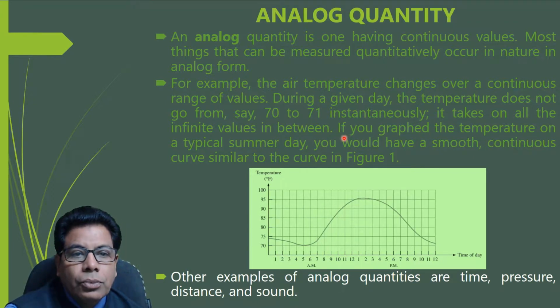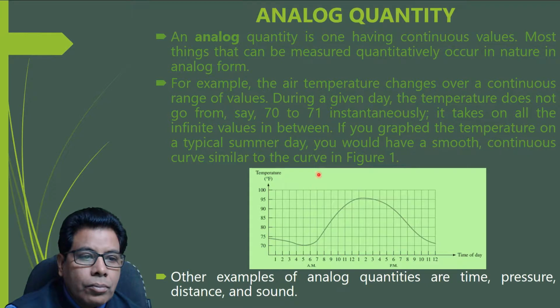If you take a graph of the temperature on a typical summer day, you'll find a smooth continuous curve. Here we have taken temperature in Fahrenheit, and this is the graph of the temperatures. Starting from say night 12 a.m. and then 1, 2, 3, 4, and this is the afternoon, and then these are the peak hours, and then in the evening we have PM.